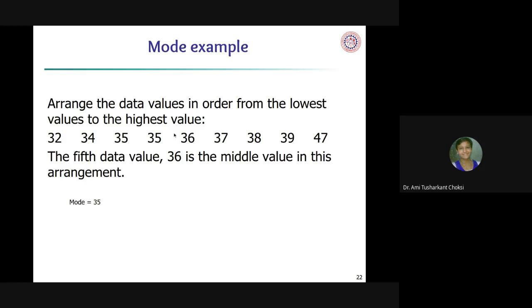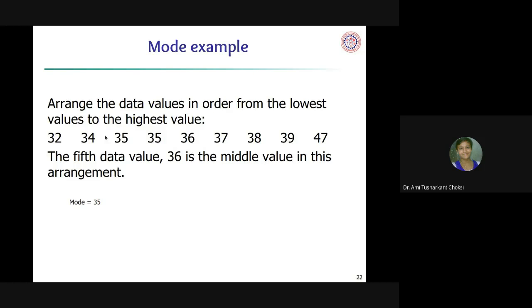So what is the mode? Mode means the number which is found most frequently in the data. Here 32 is available once, 34 only once, 35 twice, and all other values only once.